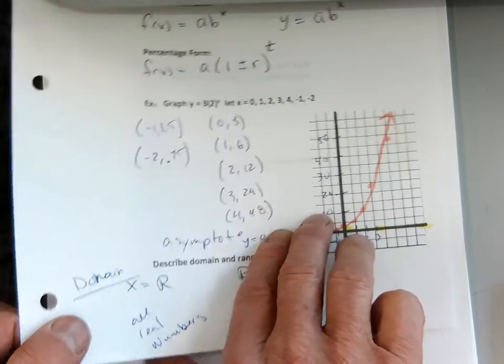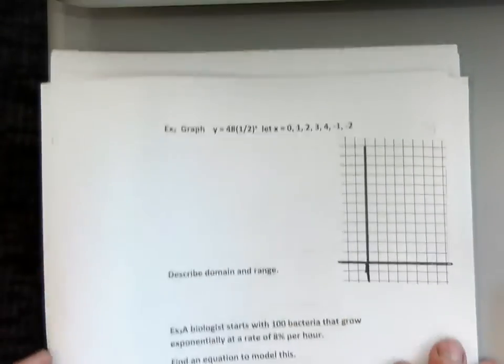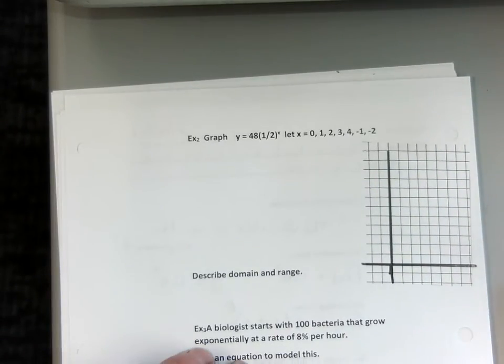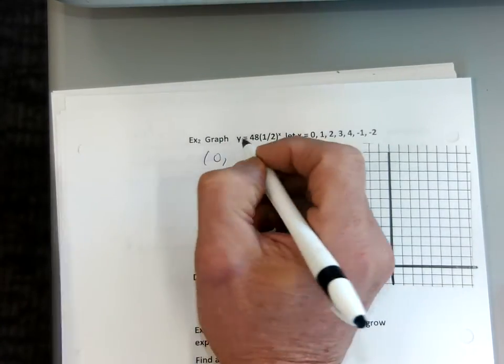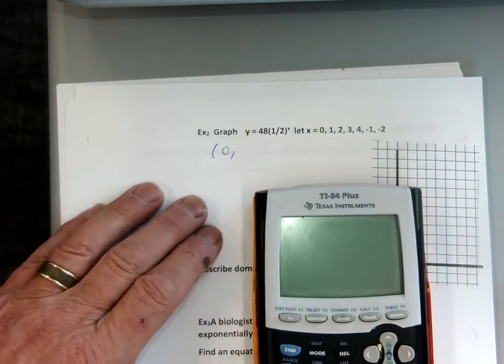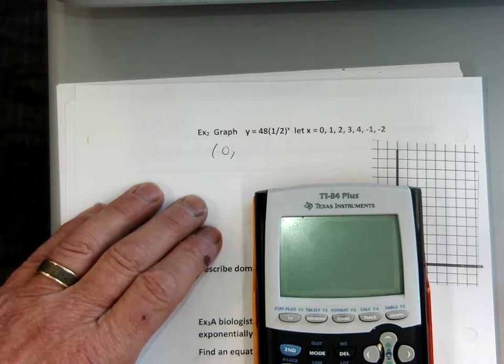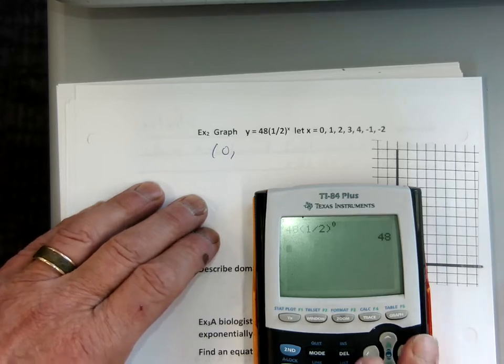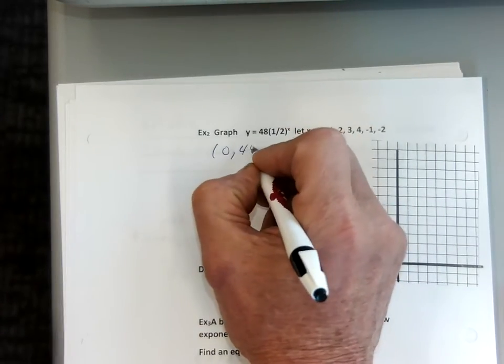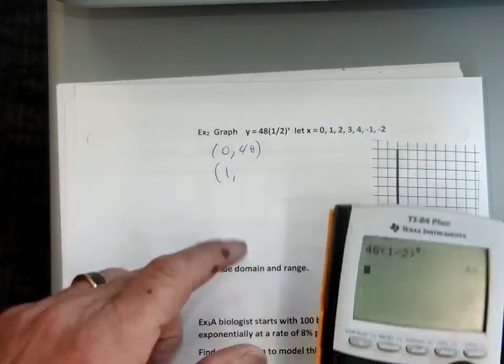Okay, turn the page. Now, if I use my calculator again, and I'm going to put in 0, I'm going to go 48 times 1/2 to the 0 power. I get 48. I plug in 1.